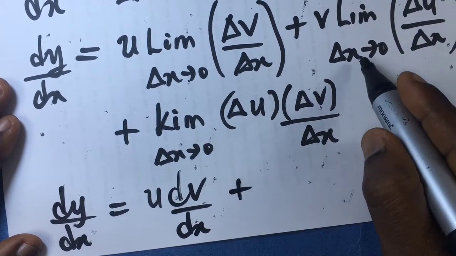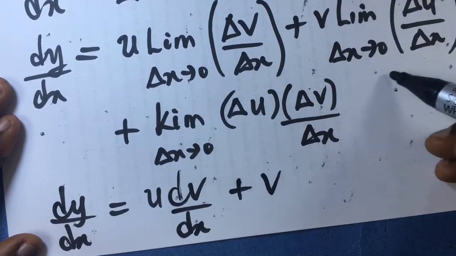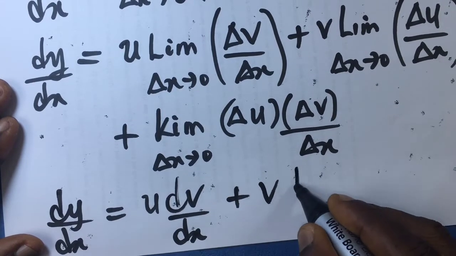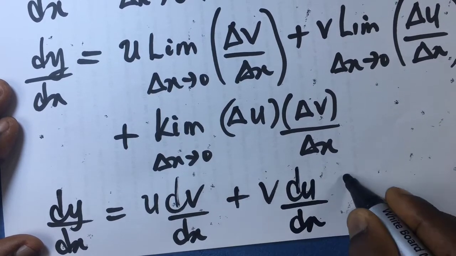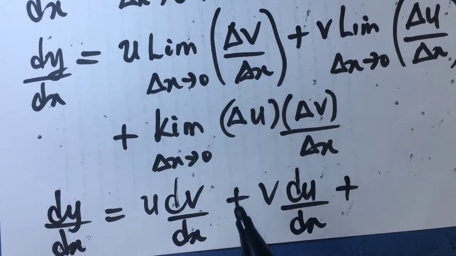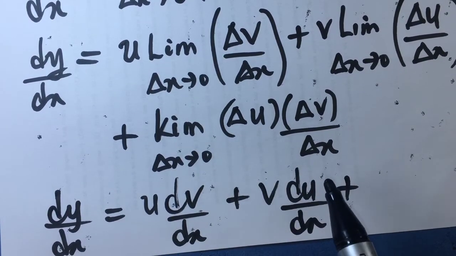As change in x tends to 0, you have v here multiplying ultimately du dx. So this becomes du dx. But in this case, if you want to take the limit of this product, the limit of this product will be the limit of change in u times the limit of change in v all over change in x.